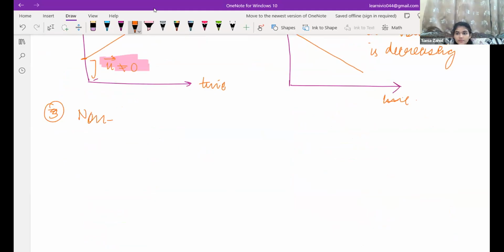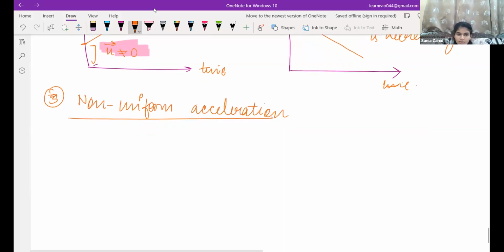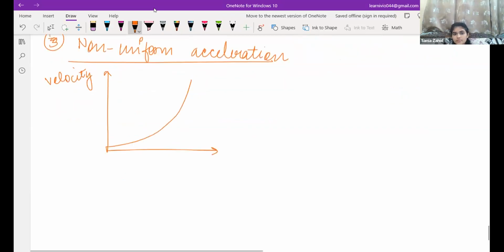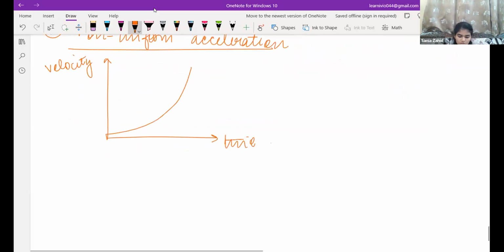For non-uniform acceleration, there's just one graph you have: the velocity against the time, like this. This is for non-uniform acceleration, just draw it. Done.